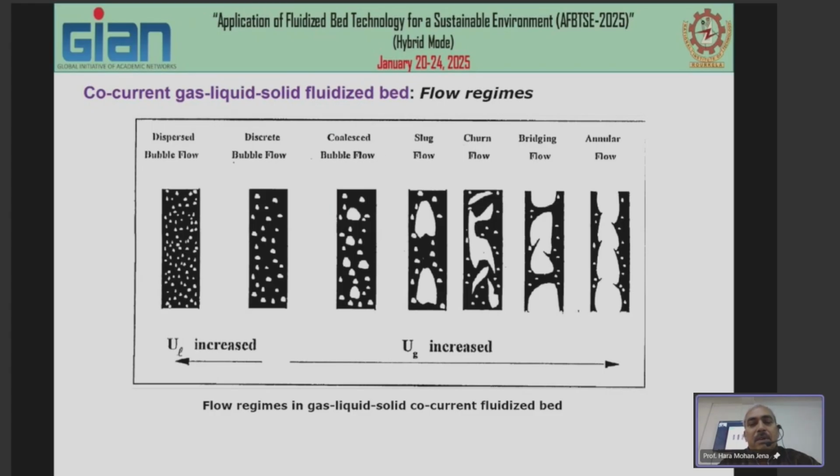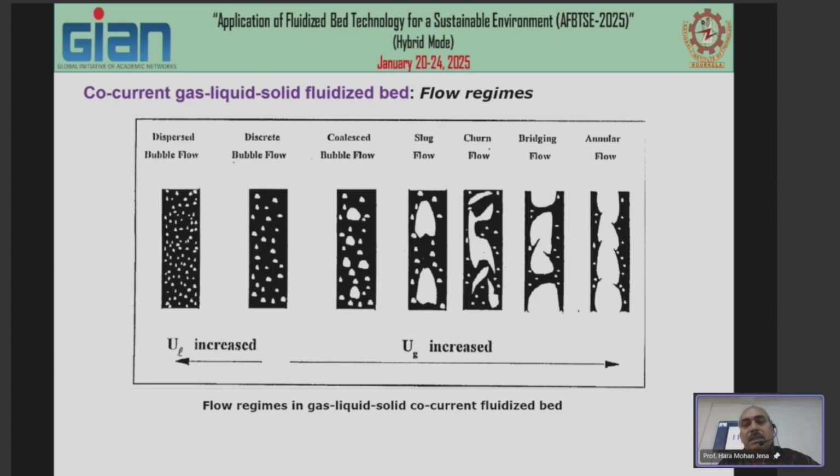If we further increase the gas flow rate, then slugs are formed. Slug means large gas bubbles are formed, even reaching the diameter of the column, with a length even more than the diameter of the column. This is the slug flow regime.